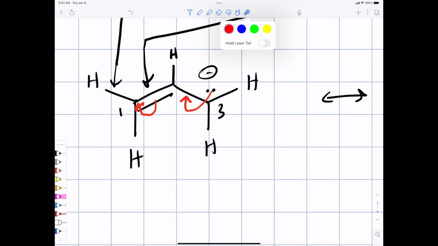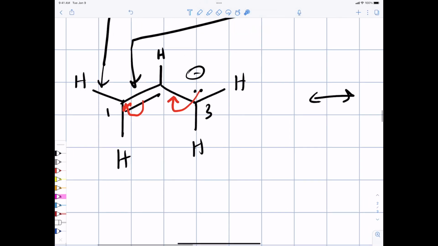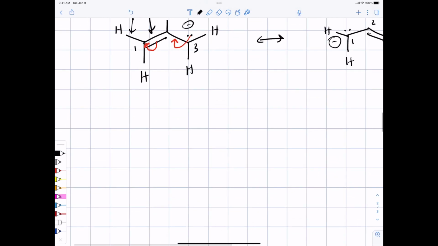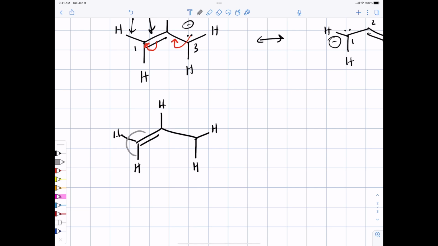It's coming out at you and it's below the page. I'm going to redraw this molecule and try to represent what we're saying here by showing that here's the lobe of the p orbital that's coming out towards you. Here is the lobe that's underneath the page.